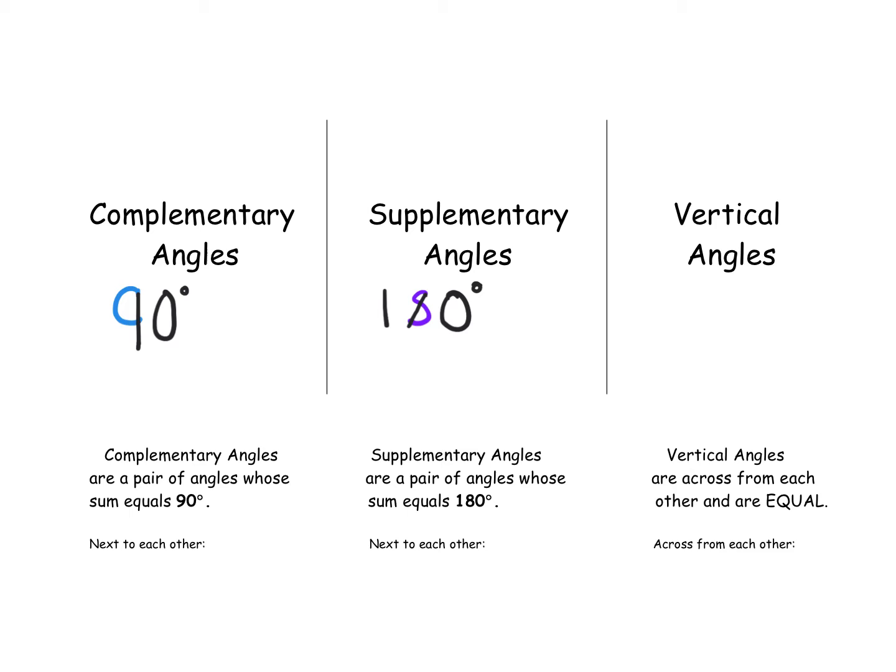One way I remember it is vertical V: if I took two intersecting lines and looked at this as a V and this as a V, they're pointing to each other. So these two angles across from each other are exactly the same.